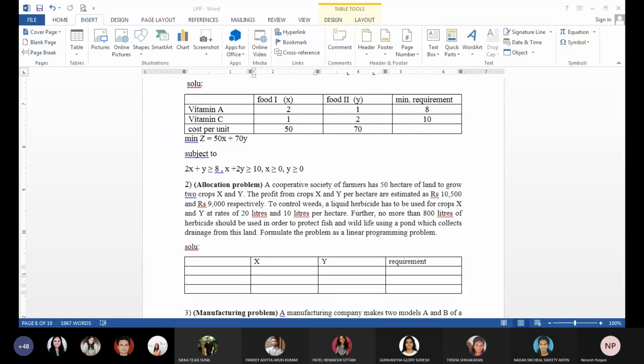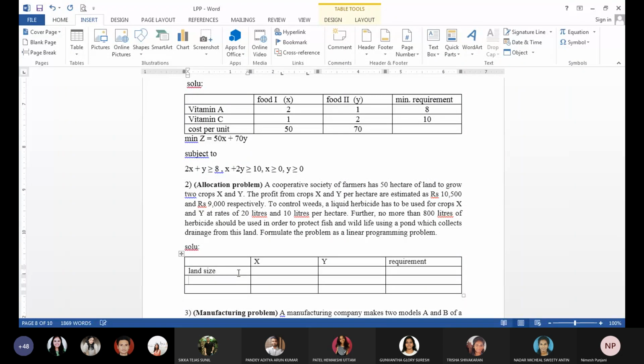So try to get the answer. I'll just write down the headings or the components which you will be having.